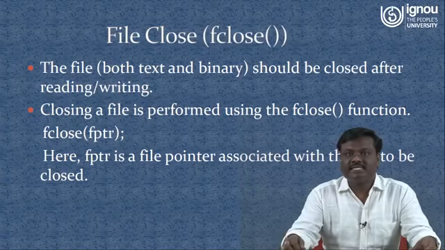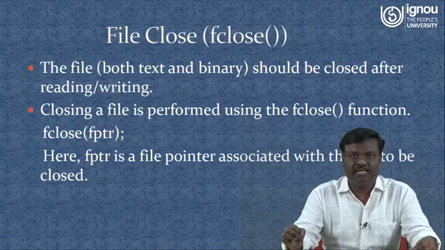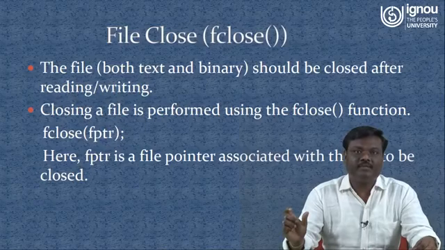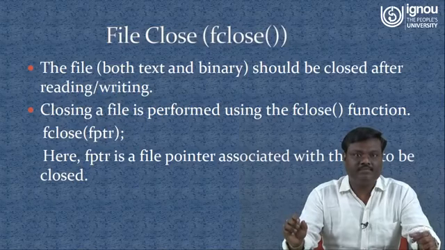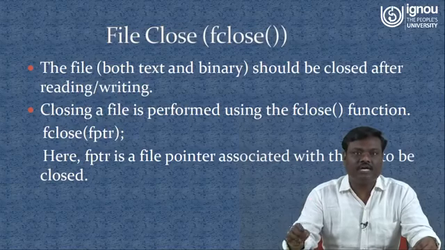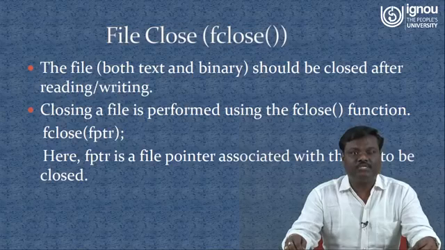You can see the syntax over here. You have to write fclose and within the braces, a file pointer needs to be written. Suppose f1, f2, f3 are three file pointers that we had declared at the earlier stage and worked with during the programming part.